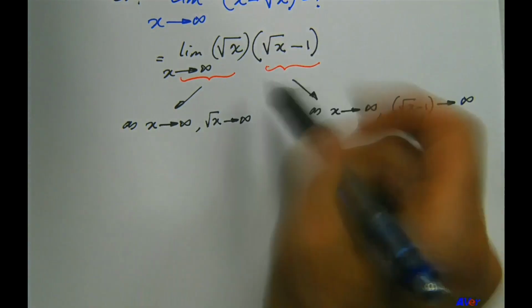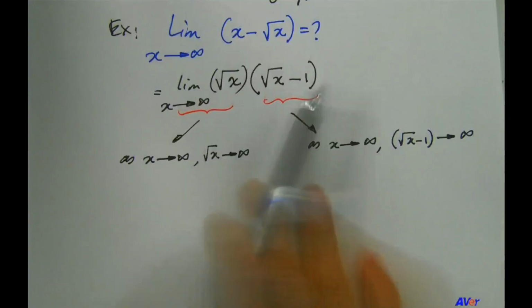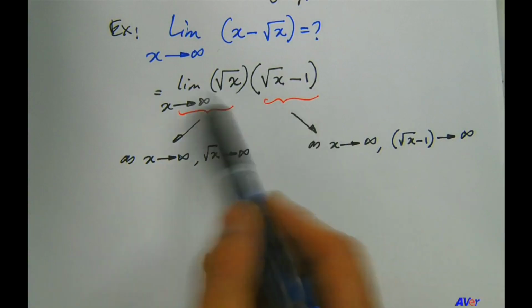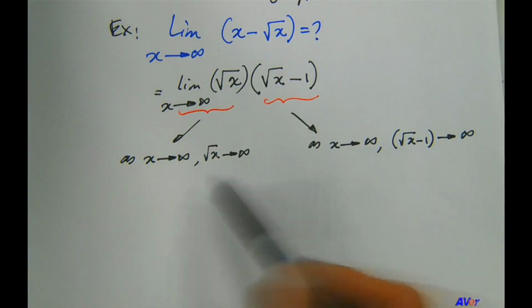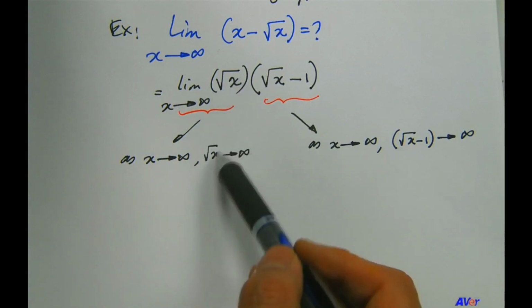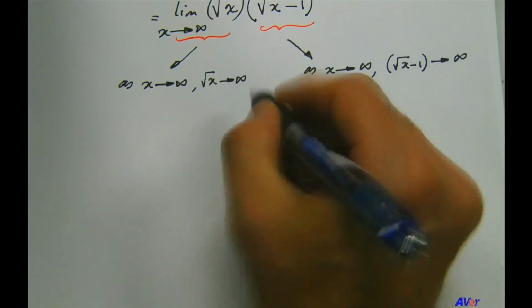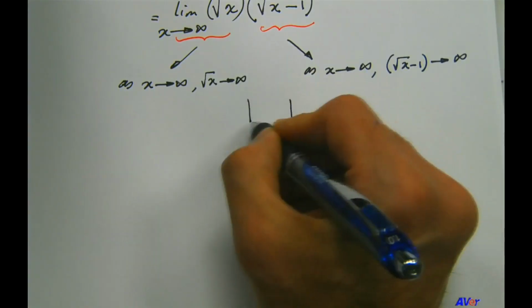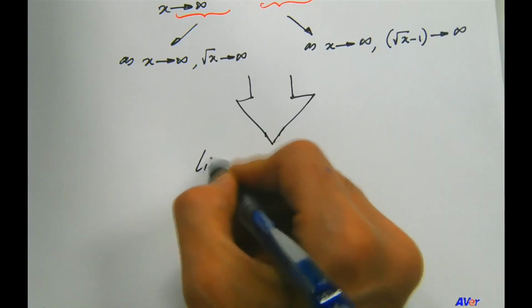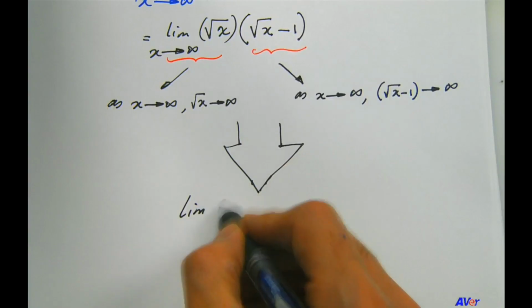All right. So we factored out this expression, we looked at the behavior of each factor as x goes to infinity, and in both cases each factor approaches infinity. Therefore, the limit of the original function is infinity. And I'm sure you saw that ahead of me.